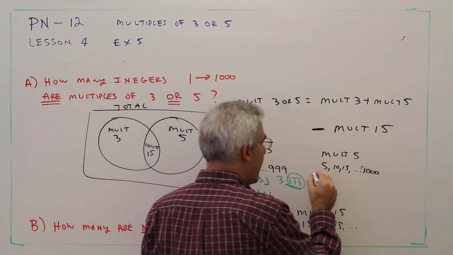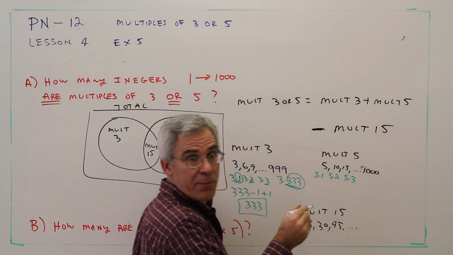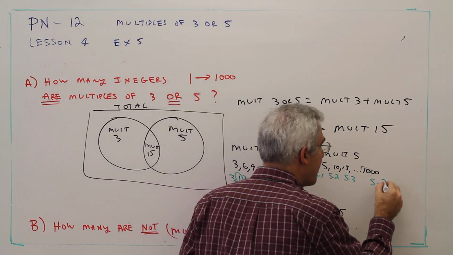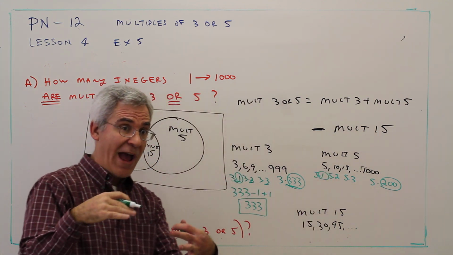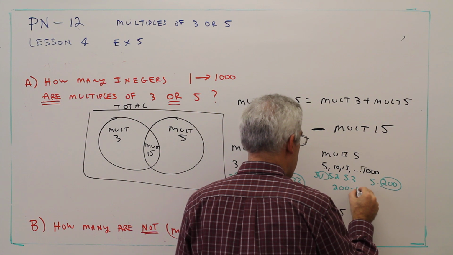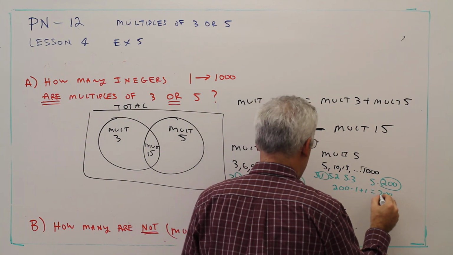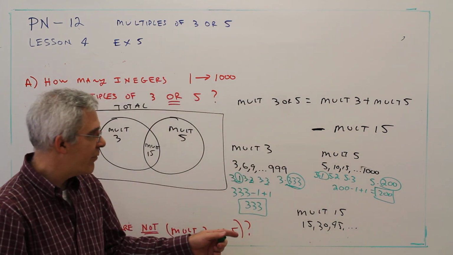Over here, this is 5 times 1, 5 times 2, 5 times 3, up to 5 times 200. All I do is subtract and add 1. Okay, so there's 200 of those.